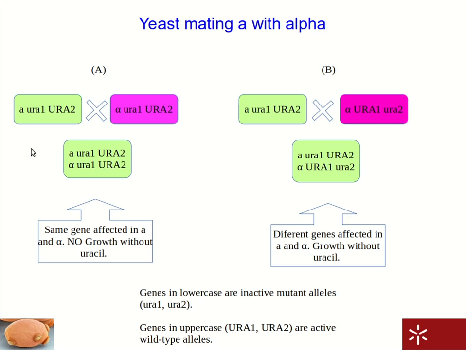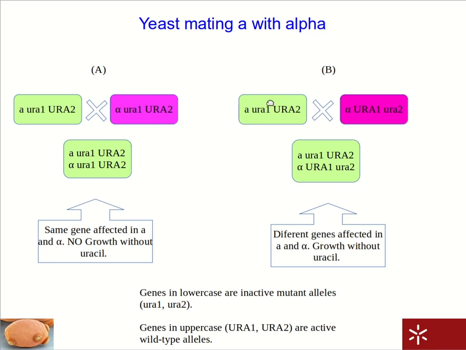If we imagine that we mate 2 cells that are affected in the same gene, this means that the URA1 gene is, in this case, inactive. This URA1 gene will be inactive also in the diploid cell, this big one here. So the same phenotype will be observed in the diploid.